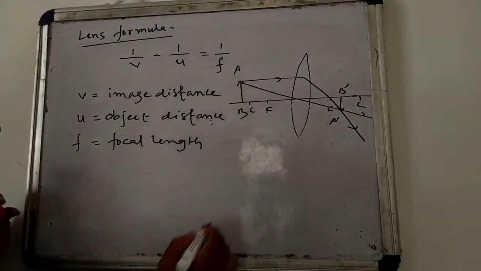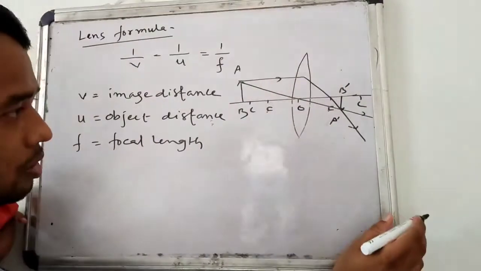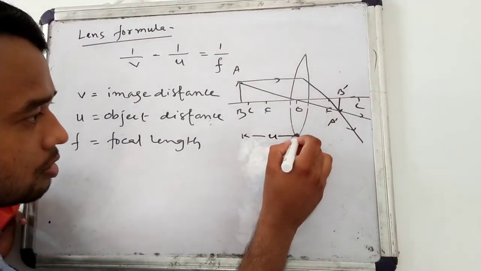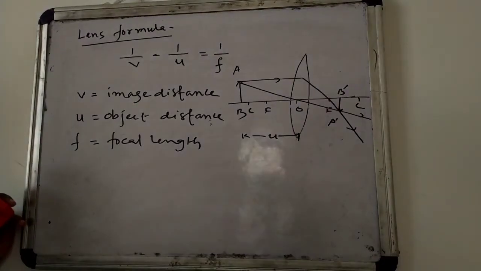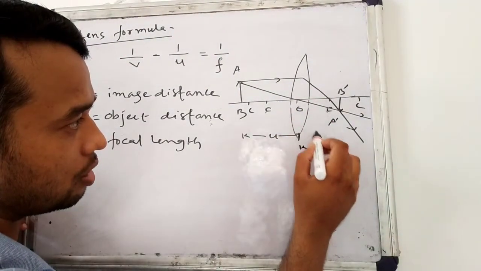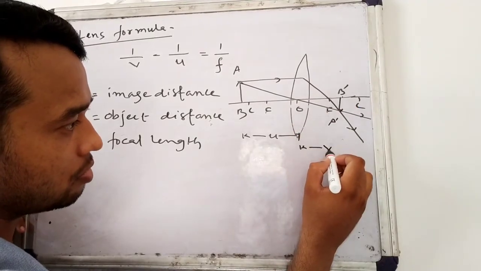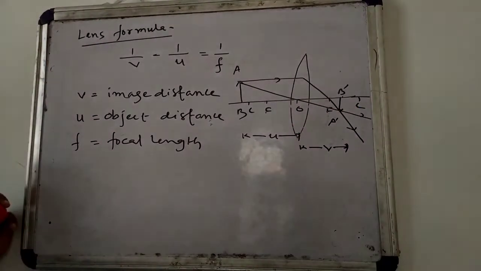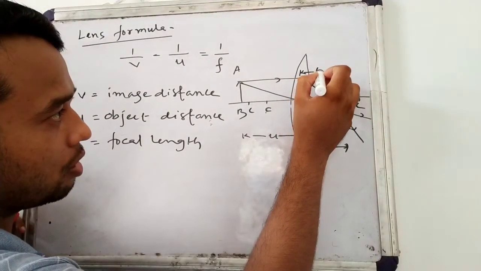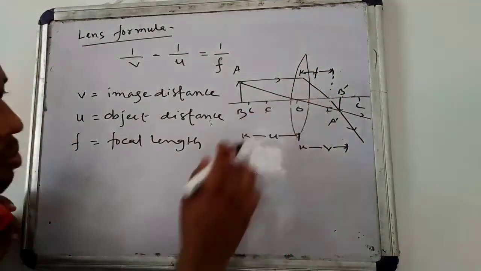So in this case, our object distance will be the distance of the object from optical center. This will be our object distance. Image distance will be the distance of the image from optical center, and focal length is the distance of the focal point from optical center.